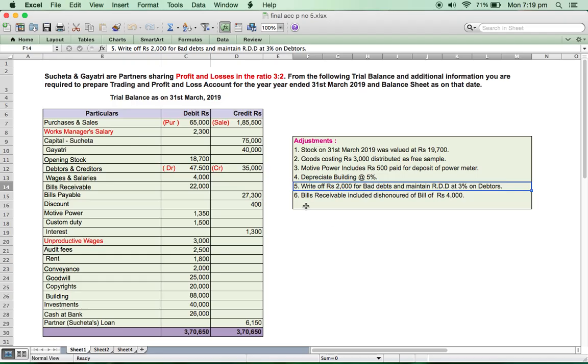So always we are going to add the amounts of bills receivable dishonored or unrecorded sales, and then we will give effect to these 3 adjustments: bad debts, RDD and provision for discount. Here, out of 5, there are 3 adjustments: bad debts, RDD and bill receivable dishonored. Let's see how we are going to give effect to them.